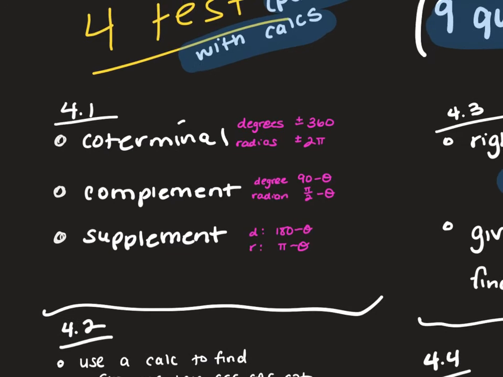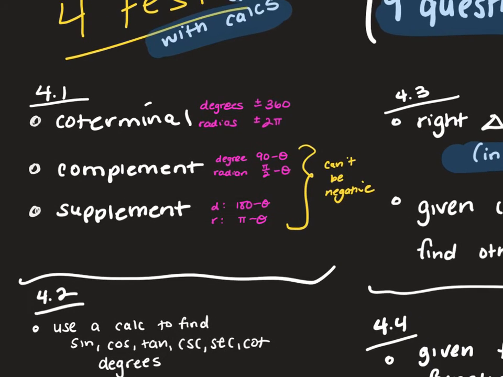Remember that these can't be negative. So if it's bigger than 90 or pi over 2, it will not have a complement, and if it's bigger than 180 or pi, it will not have a supplement.